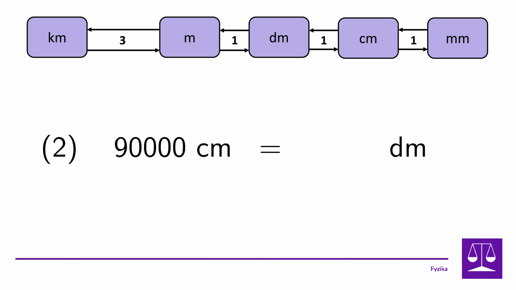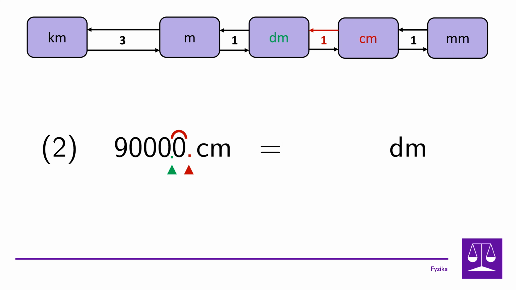For the second conversion, we have to convert 90,000 centimeters to decimeters. Since our task will be to move the decimal point, we will first highlight it. However, there is no decimal point in 90,000, so we will add 1. The decimal point, if not written, is always after the last digit. We are supposed to convert centimeters to decimeters, which in the conversion chart means that we will move to the left and again by 1 place.